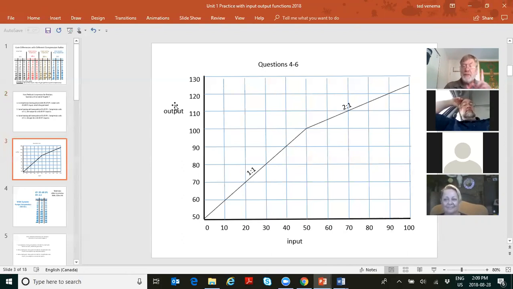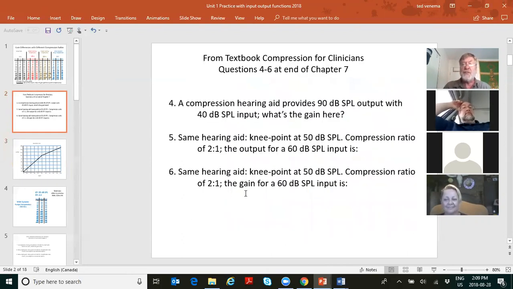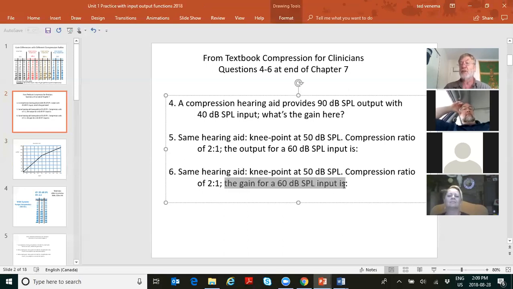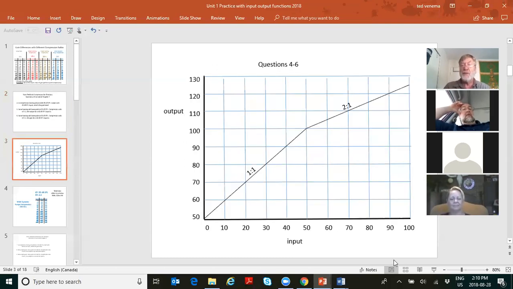Good. This is very important. Same hearing aid, knee point at 50, compression ratio of 2 to 1: the gain for a 60 dB input. Let's look at question 6. So with 60 in, what's my output? 105. So what's the gain?